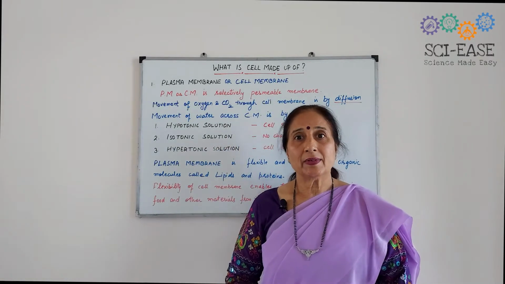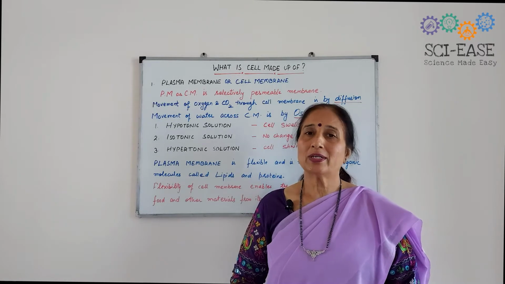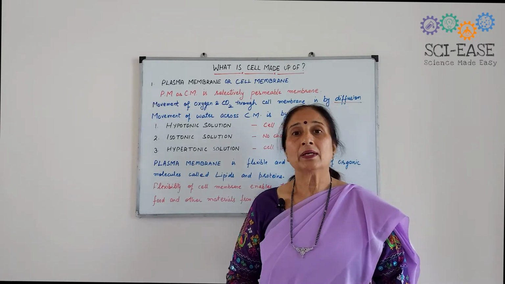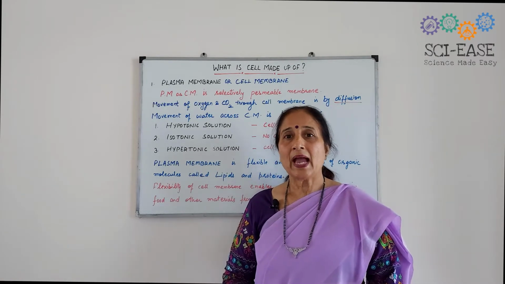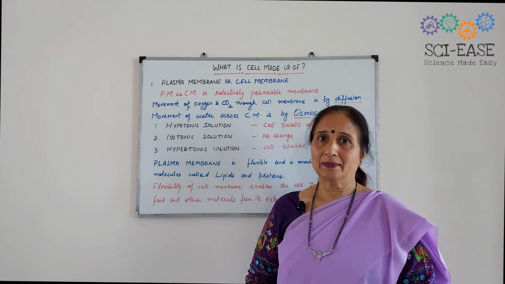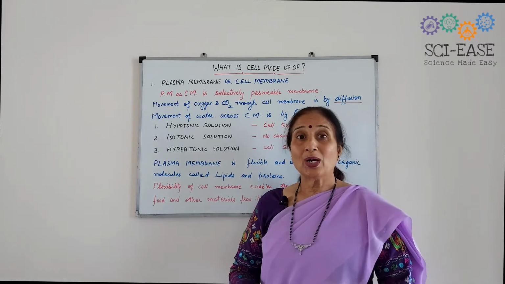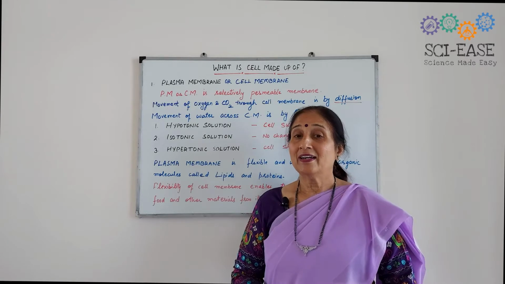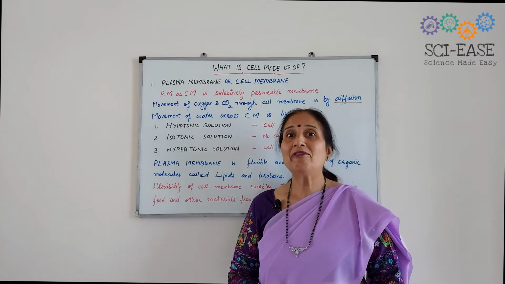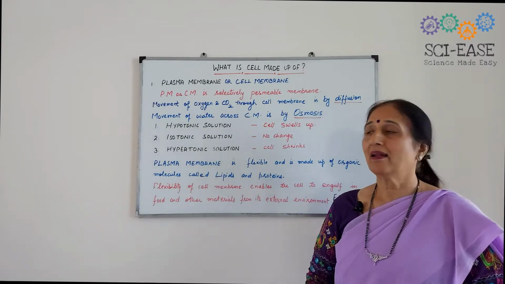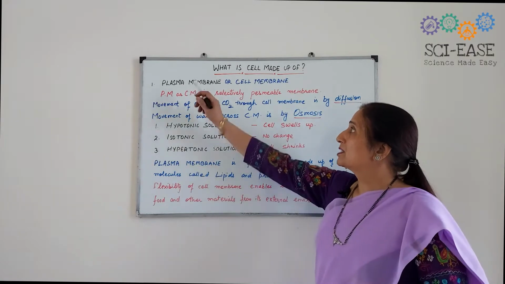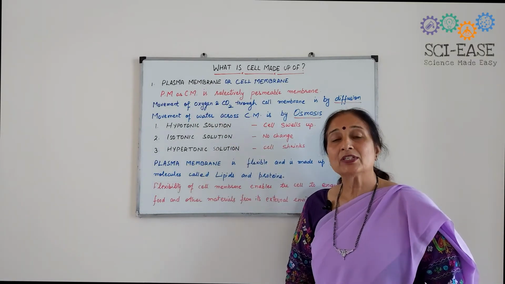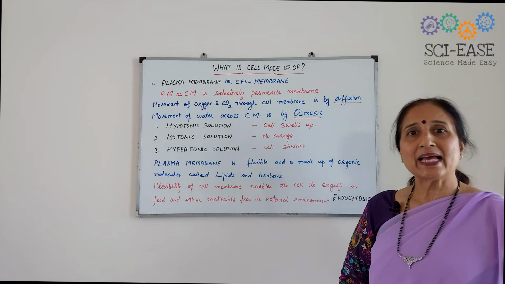They are the plasma membrane or cell membrane, nucleus, and cytoplasm. So in this video, I will discuss in detail the plasma membrane, which is also known as the cell membrane.